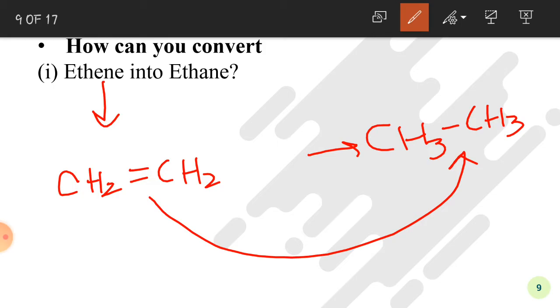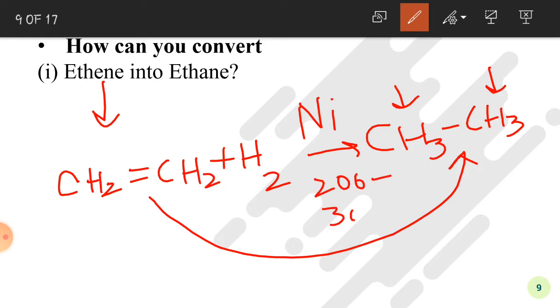And if you look at the hydrogen atoms on these two carbon atoms, one hydrogen atom is being added to each carbon atom. So this means there will be the addition of hydrogen, and we have read about this reaction. It is called hydrogenation of alkene. This hydrogenation of alkene takes place in the presence of nickel at a temperature of 200 to 300 degree C.